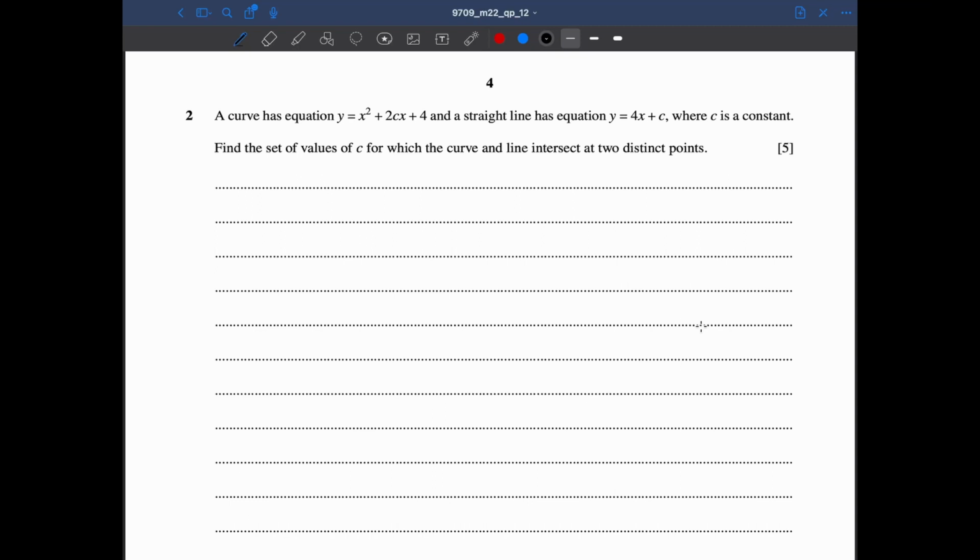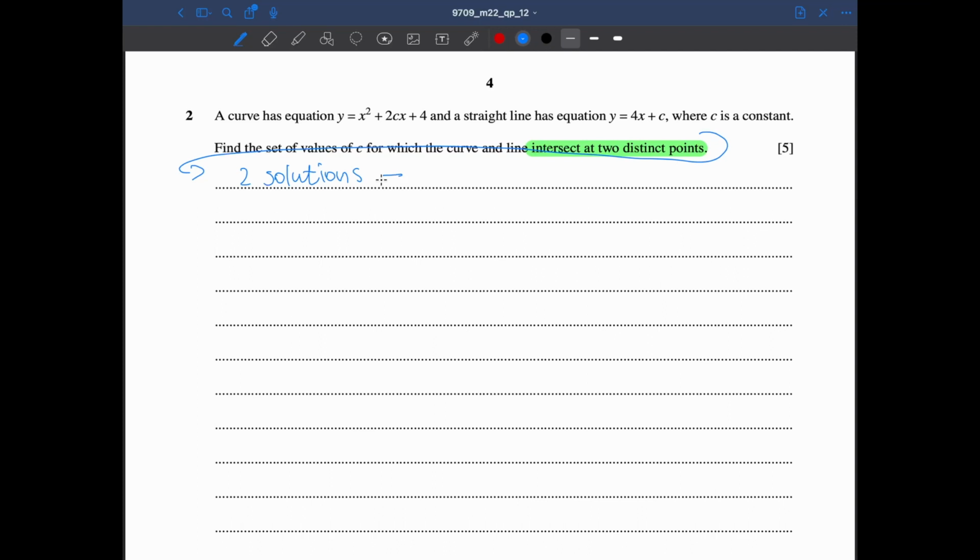When we're reading the questions, we have to look for certain clues. The clue here is intersect at 2 distinct points, which means that when we equate the two equations, we will have 2 solutions.